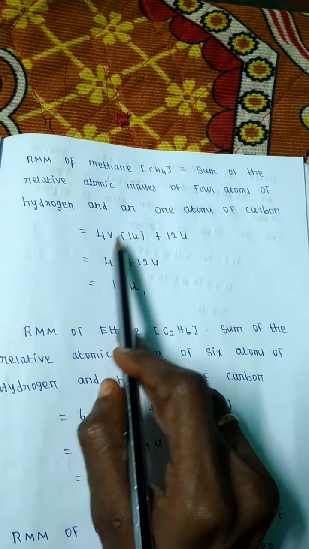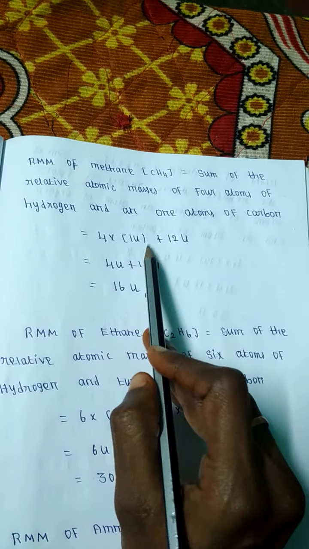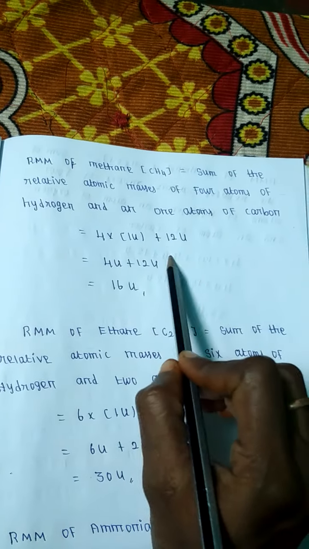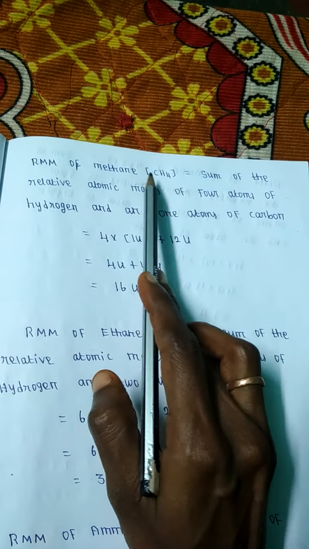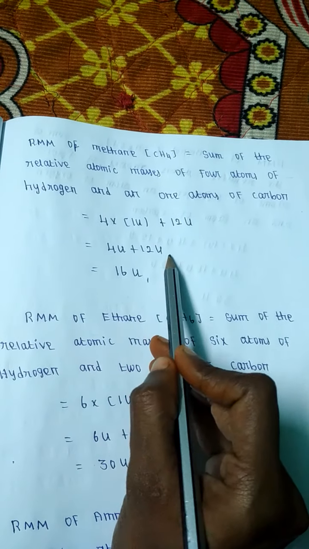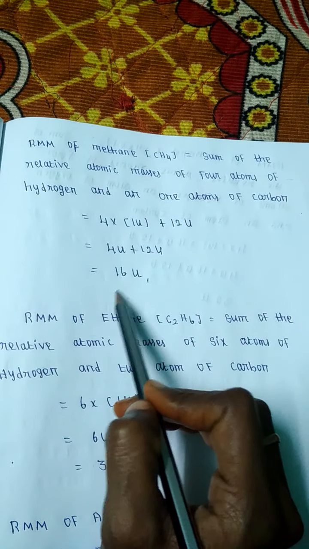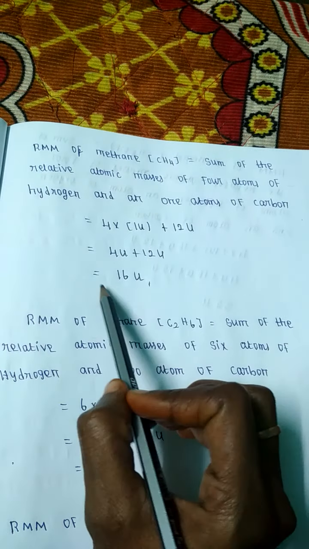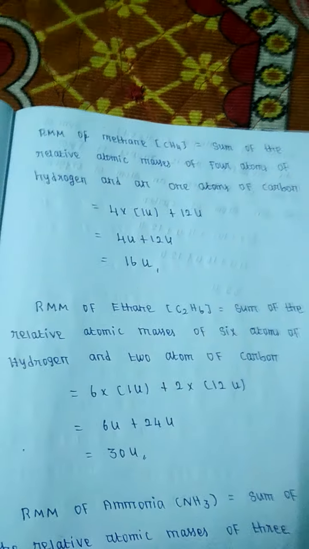So you write 4 multiplied by 1u, where 1u means the relative atomic mass of a hydrogen atom, plus 12u, where 12u is the relative atomic mass of a carbon atom. So it is equal to 4u plus 12u. You will find the value is 16u. The relative molecular mass of the methane molecule is equal to 16u.